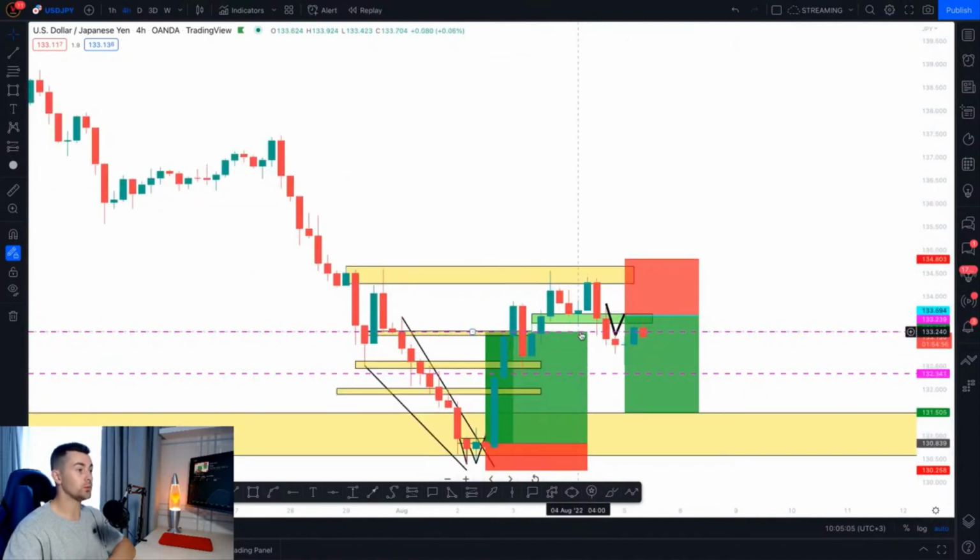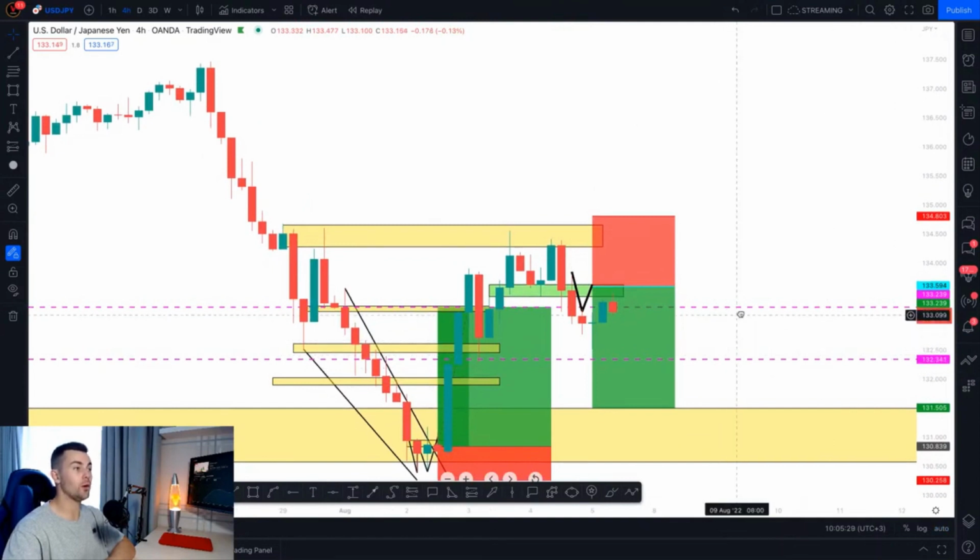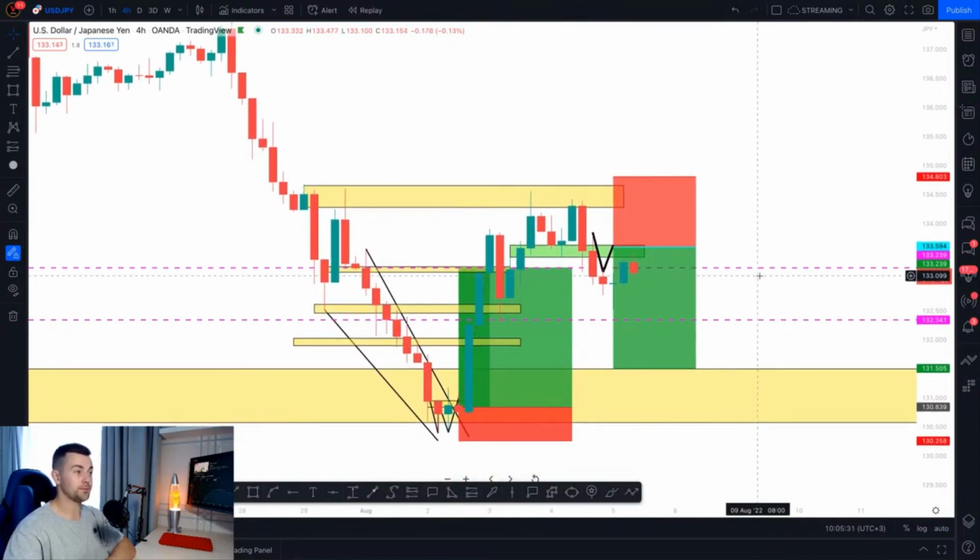Yesterday our stop loss was moved to that point, and you can see that the price successfully formed a double top right here and broke its neckline, stopping us out from the trade. So we got a very nice winner right here on a dollar yen pair.